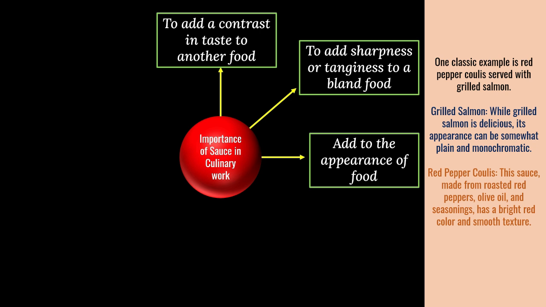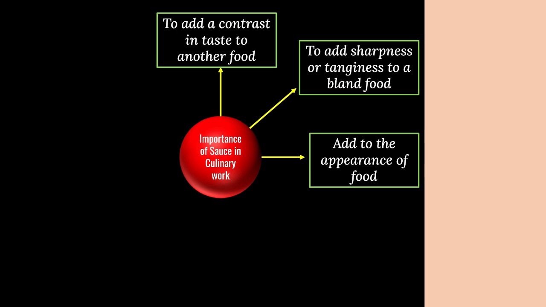This sauce is made from roasted red peppers, we call it bell peppers, olive oil and seasonings, and has a bright red color and very smooth texture. So automatically the appearance of the sauce will add to the appearance of the grilled salmon. Clear? The example is very, very clear.